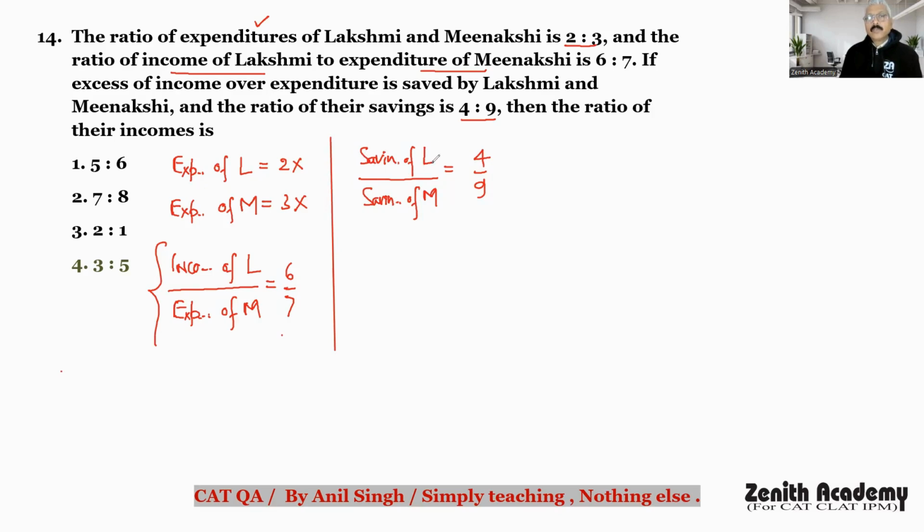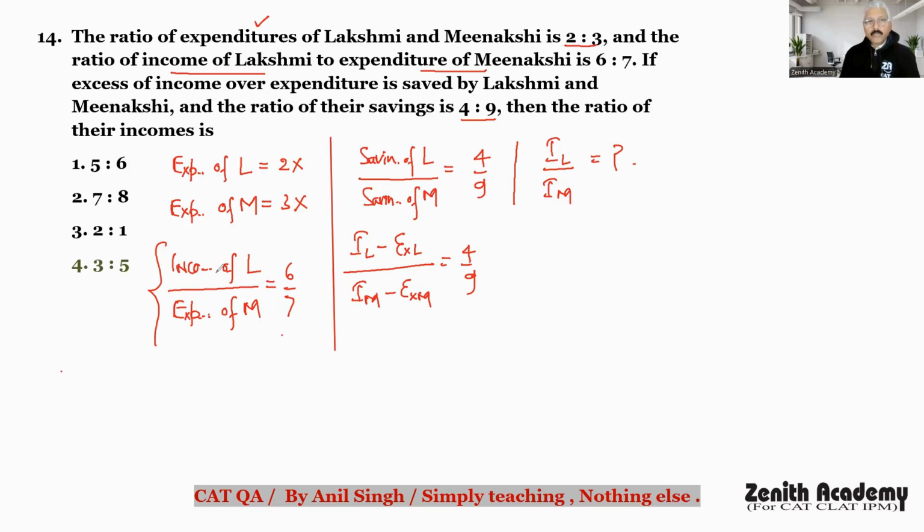So saving of Lakshmi we can write as income of Lakshmi minus expenditure of Lakshmi. Saving of Meena is income of Meena minus expenditure of Meena, given 4 is to 9. And here we have to find the ratio of the income of Lakshmi to the income of Meena. This is to be found out.